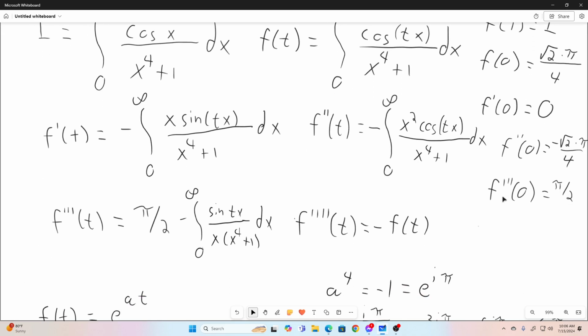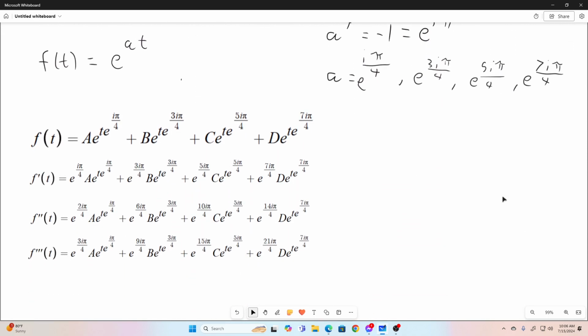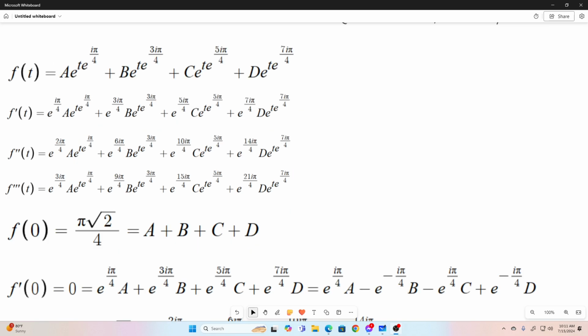So now we can make this a lot nicer because this looks horrible as it is. I am going to pause the video again and put some more LaTeX up on the board. I'll be right back. All right, I'm back. And what I did was I evaluated each one of these functions at the point t is equal to 0, and then used what we already know.